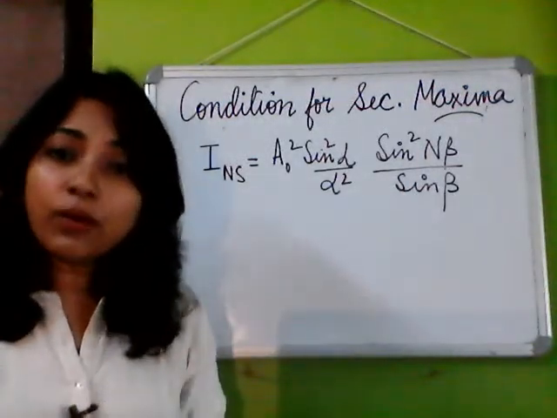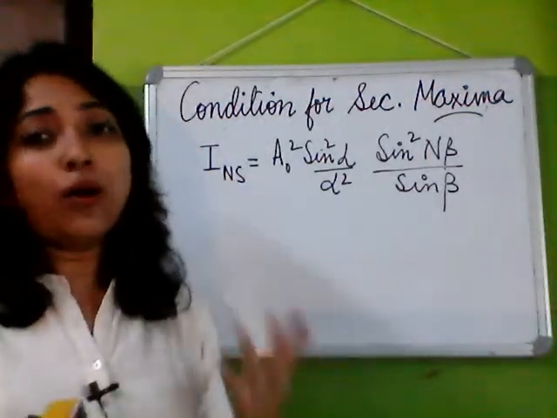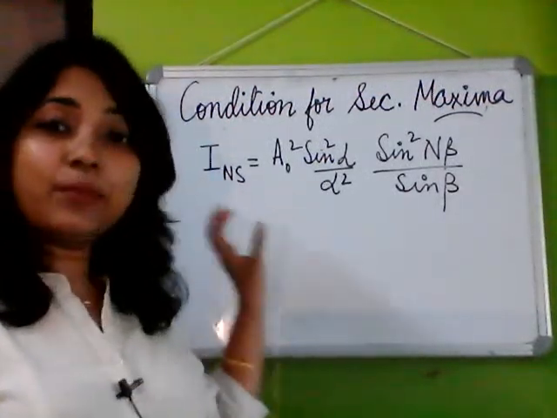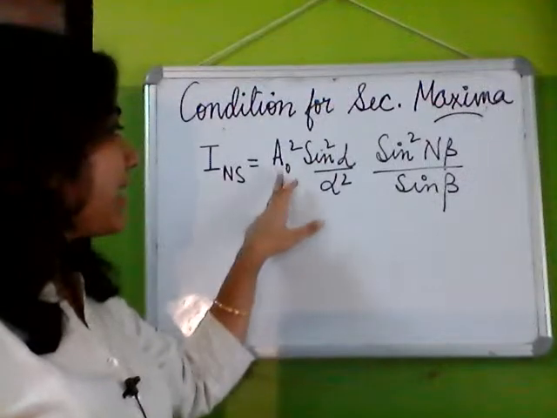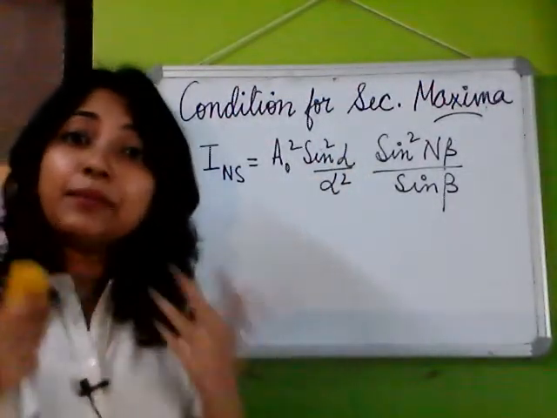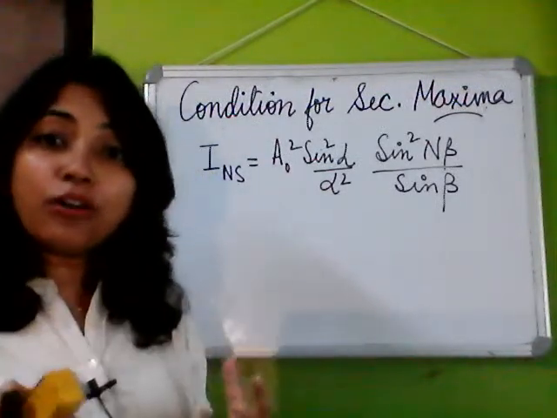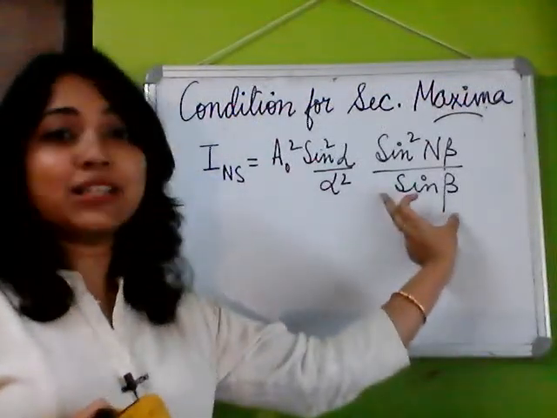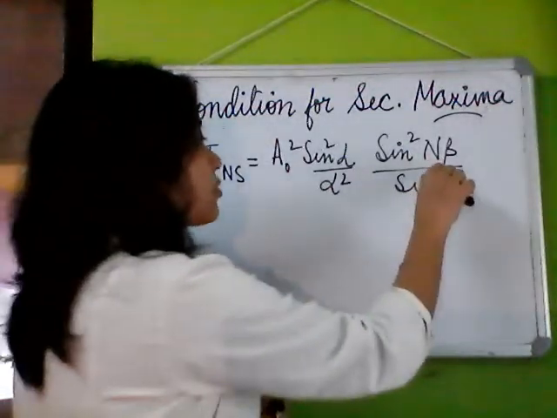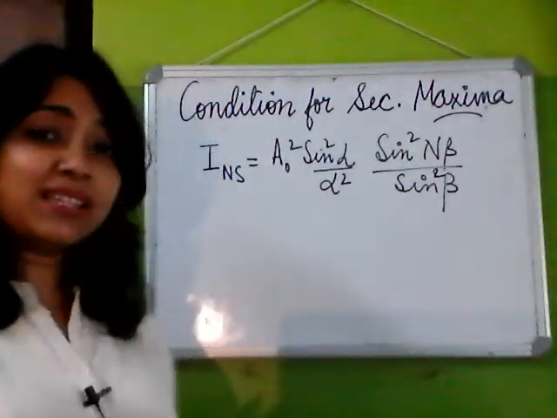So from where are we going to find this out? Reminding all of you, as I was telling you a little ago as well, that in case of N number of slits, this A0 squared or the alpha term actually is not that important in contribution. More contribution comes from the sine squared N beta by sine squared beta term. I have missed a square over here. So this is more important.